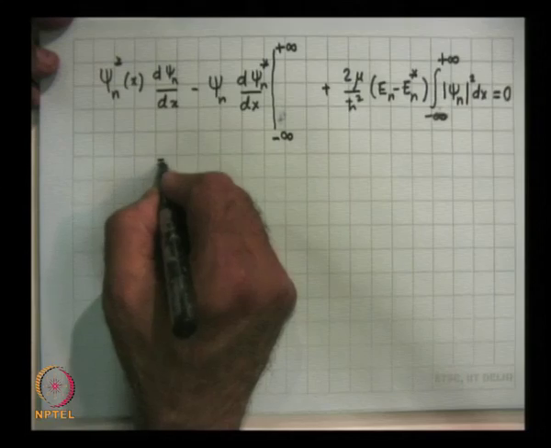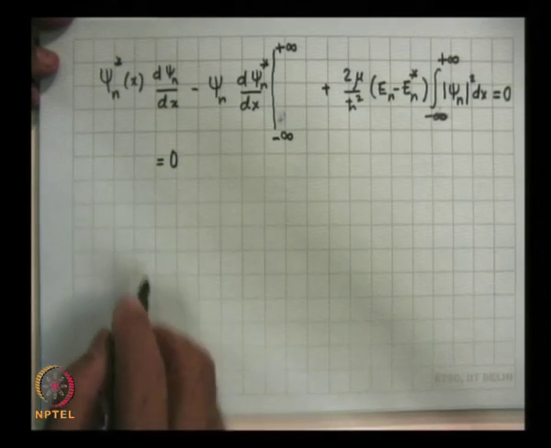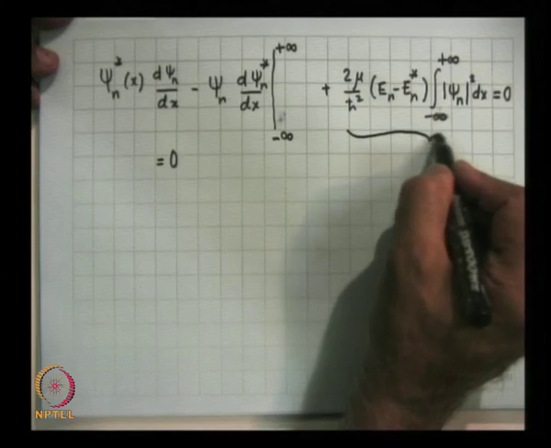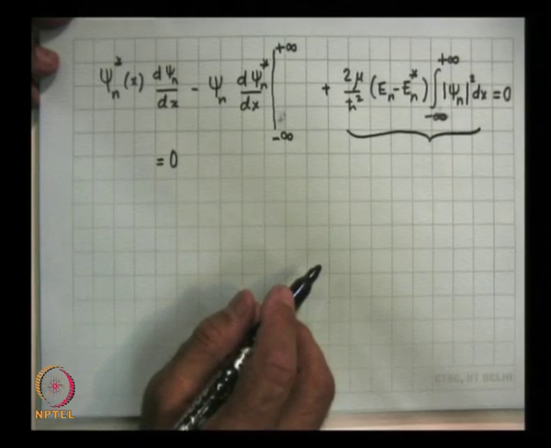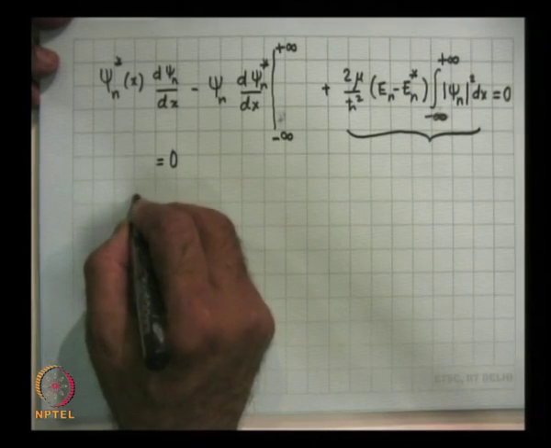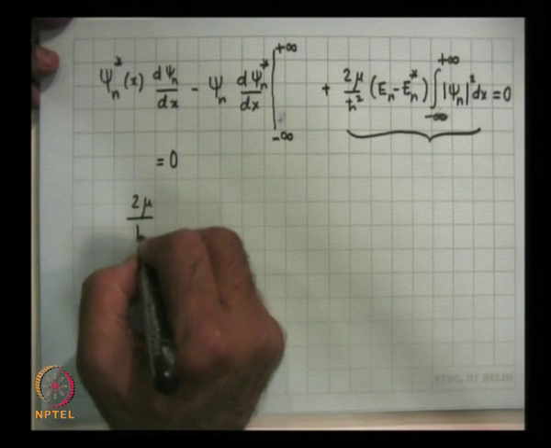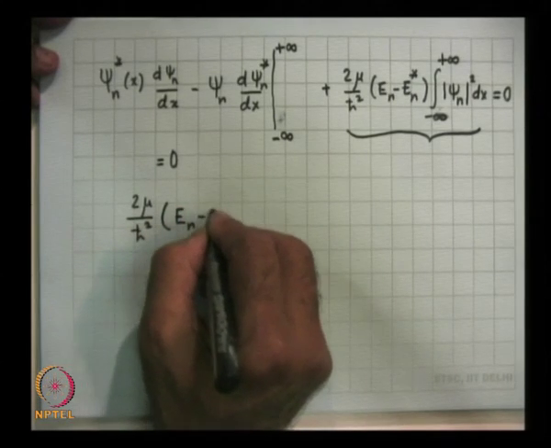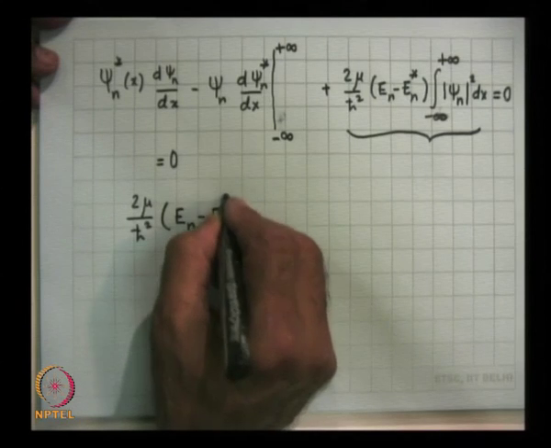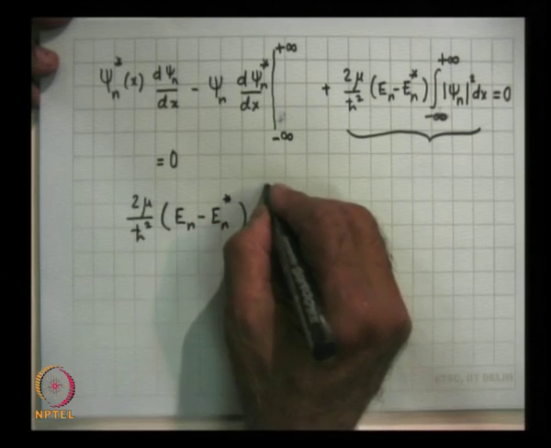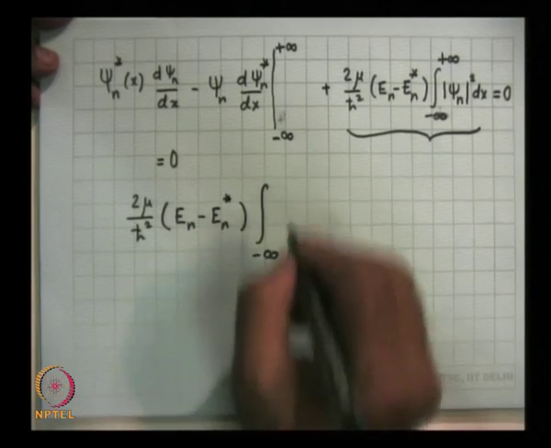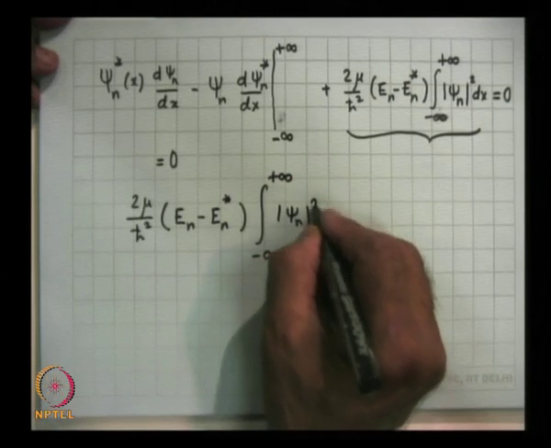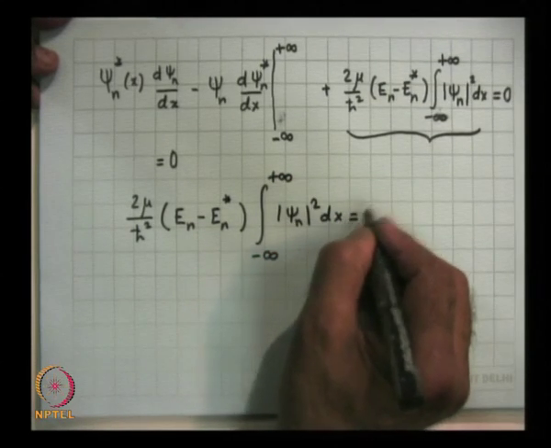So, we will obtain this quantity as 0. So, we will have 2 mu by h cross square, which is just a number which can be removed, E n minus E n star, integral from minus infinity to plus infinity of mod psi n square dx is equal to 0.